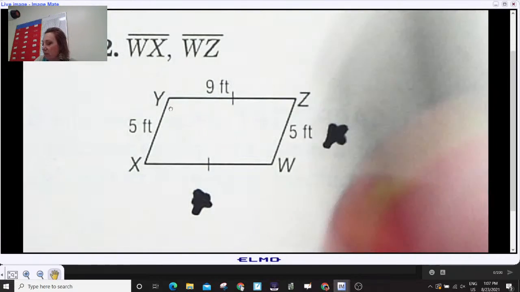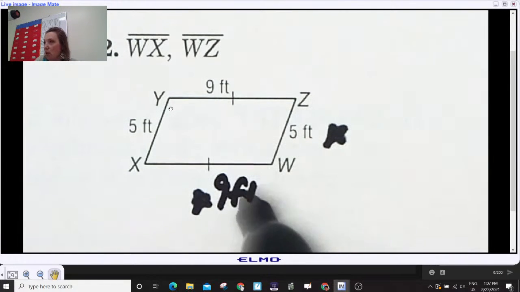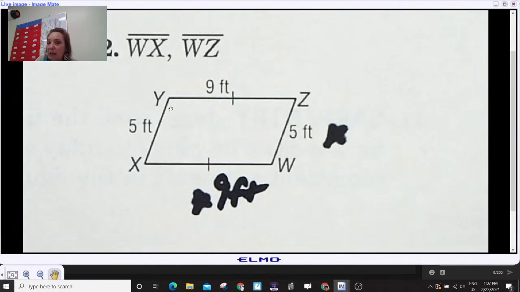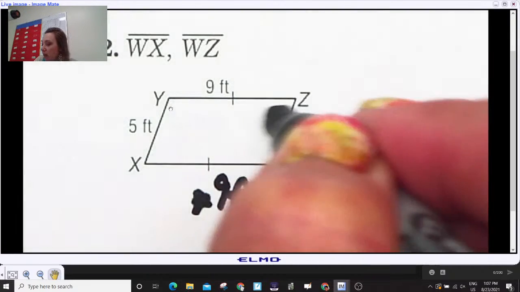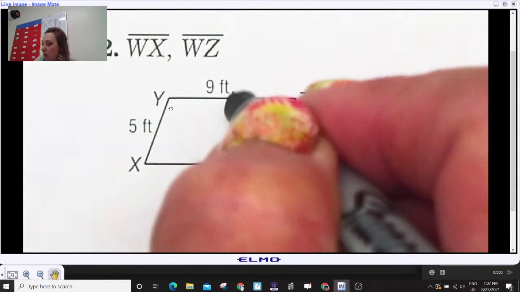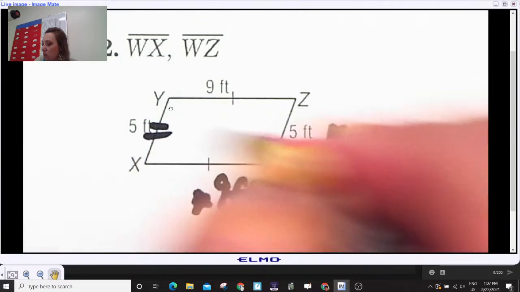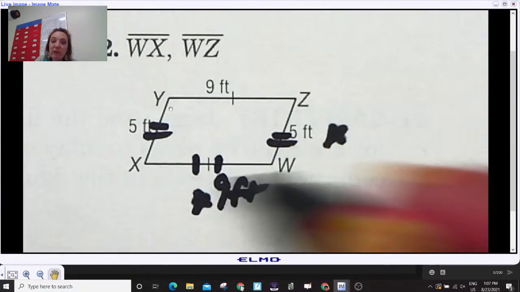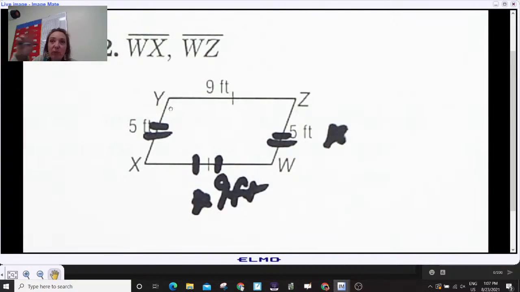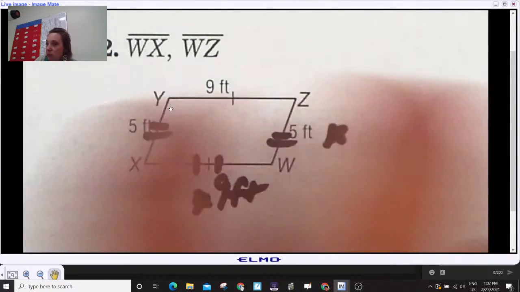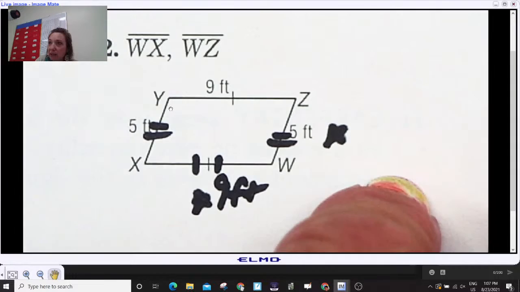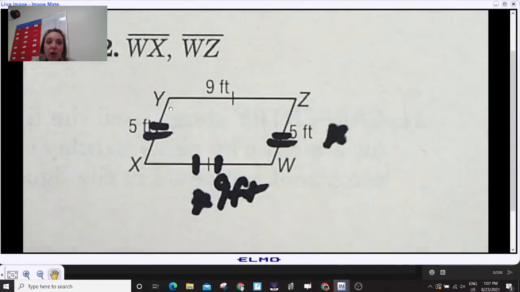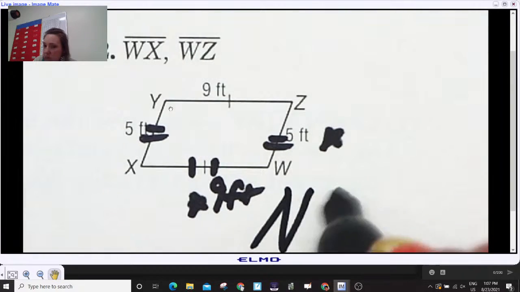So if that one's 9 foot, this one down here is also 9 foot. Now, if this had 1 tick mark and this had 2 tick marks and then this had 3, that would mean that these are not the same. It's how many tick marks you have. Like these two have 2, so they're the same. Y'all see what I'm saying? What was our answer? No. Our answer was no.